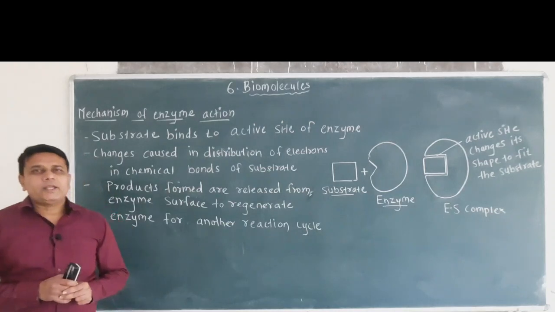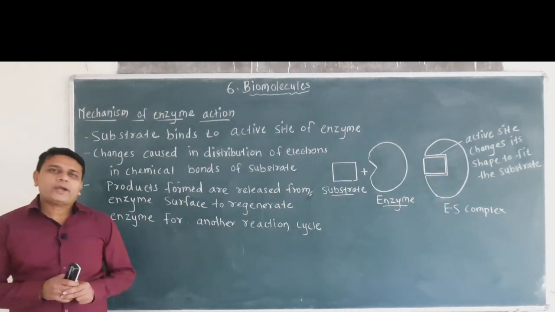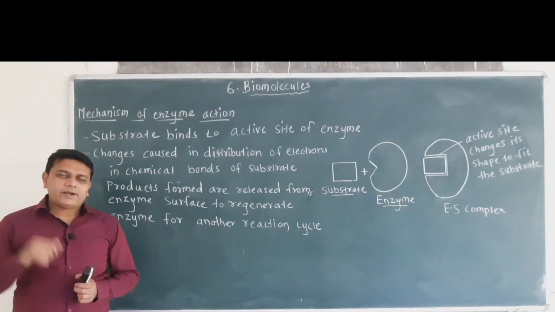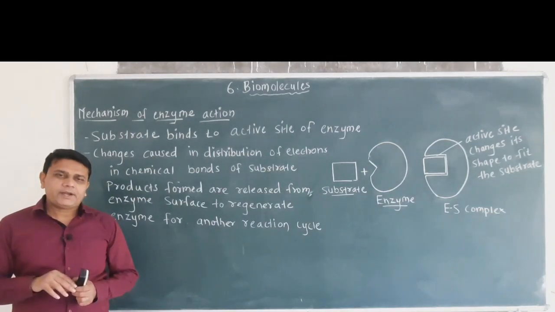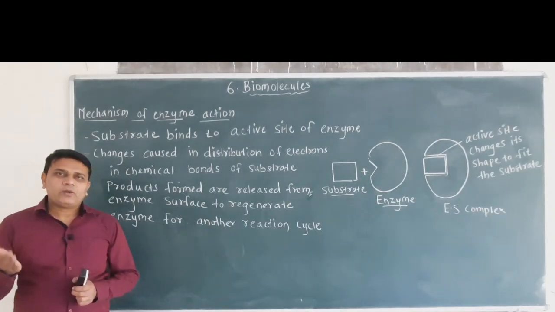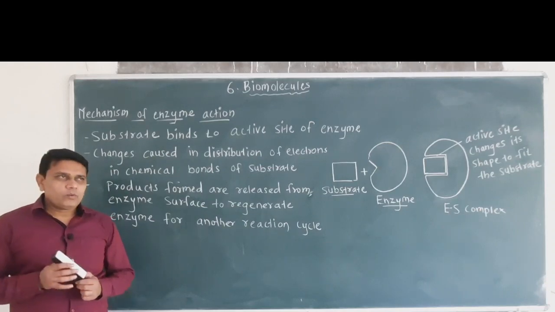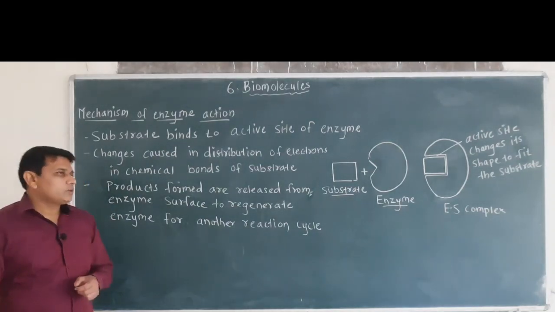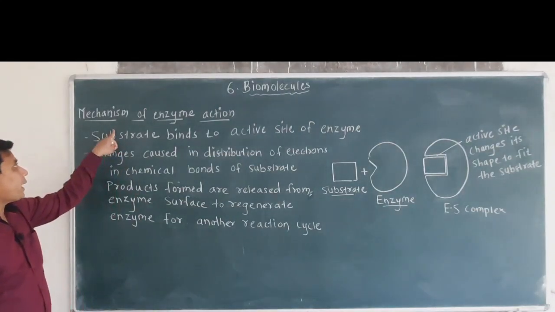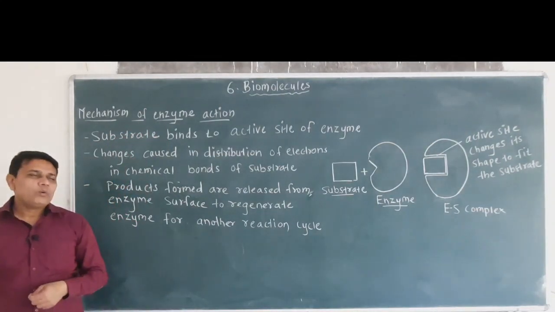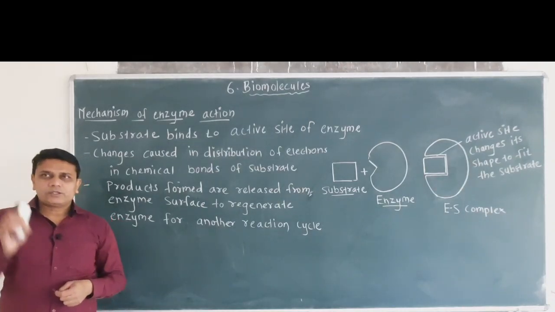Now you know that enzymes are the biocatalysts which accelerate or increase the rate of reactions or different kinds of biological processes occurring inside the cell of living organisms. Now we are going to see regarding the mechanism of enzyme action, that means how enzyme acts on substrate.